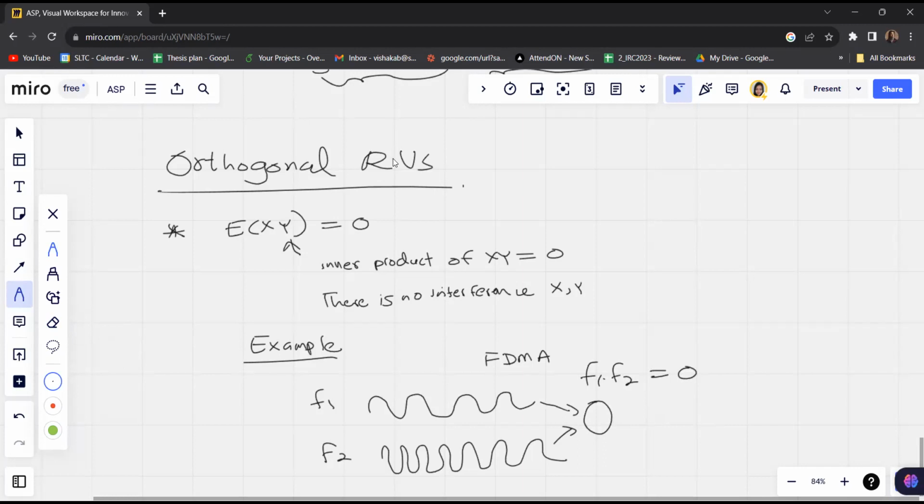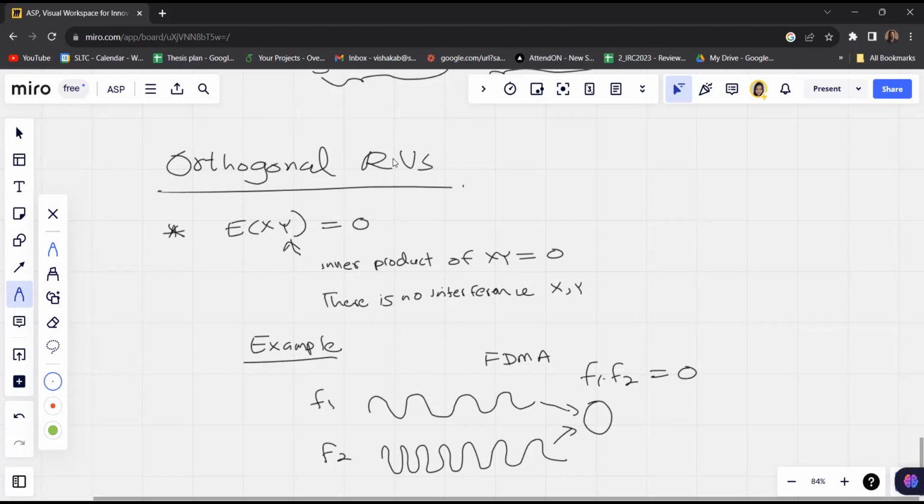So the inner product between the values of the F1, F2 signals must be 0 in order for the signals to be orthogonal, and then the signals can be decoded separately.